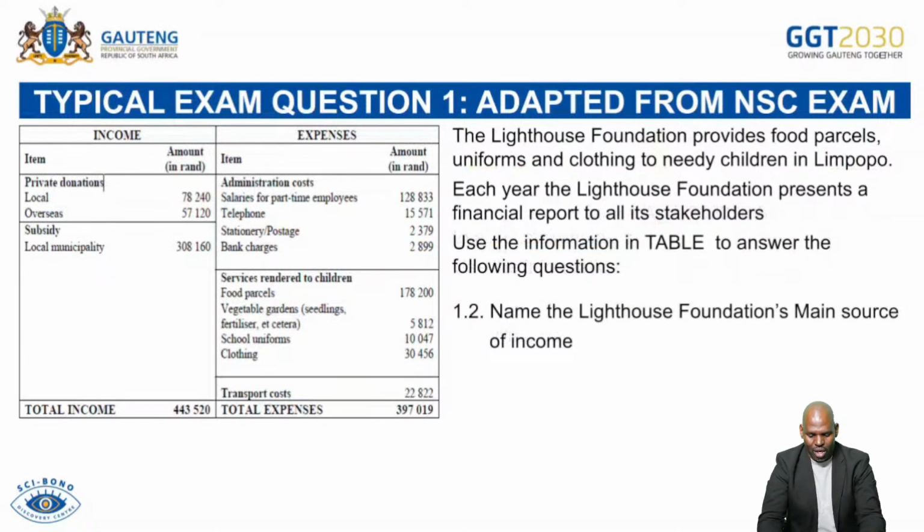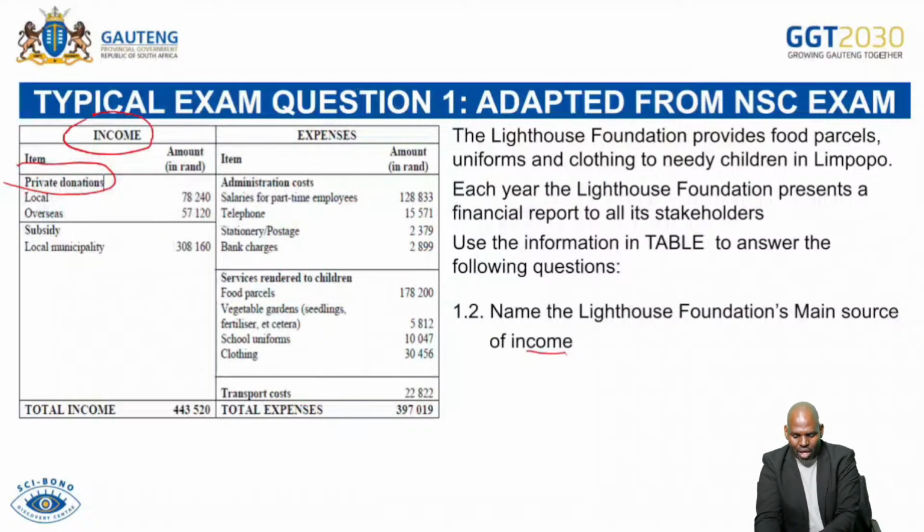Okay, the next question from the very same source: name the Lighthouse Foundation's main source of income. If we look at our statement, we've got incomes, okay, we've got private donations. Private donations were local, 78,240, and then overseas, 57,120, and then there was also a subsidy from the local municipality, which was 308,160.